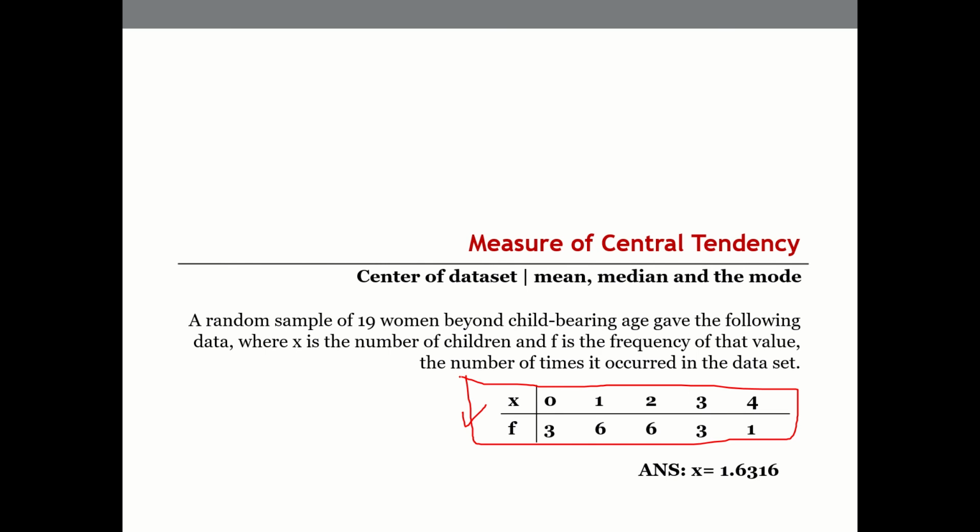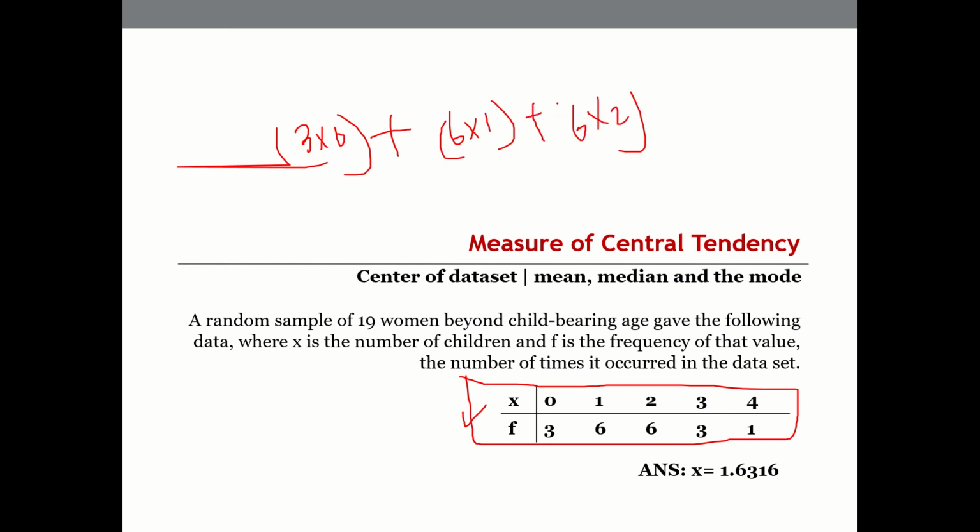Yes, sir. We'll basically multiply the x with f. That is the total number. 3 multiplied by 0, plus 6 multiplied by 1, plus 6 multiplied by 2, plus 3 multiplied by 3, plus 1 multiplied by 4, divided by 19.